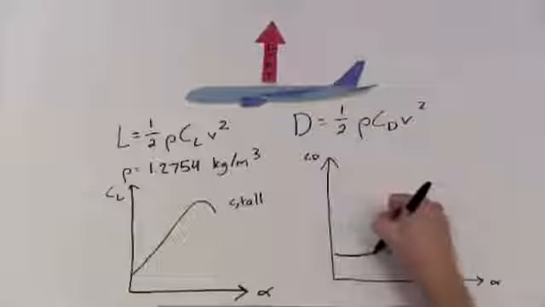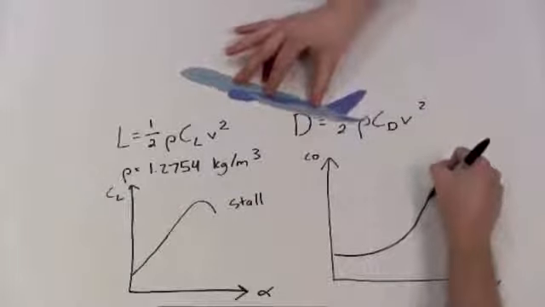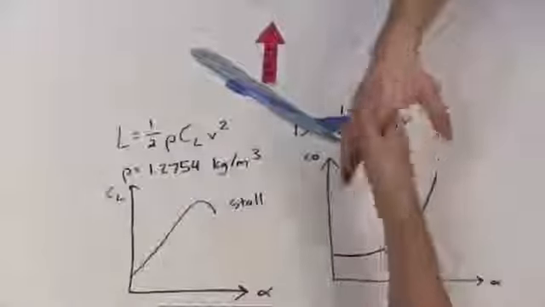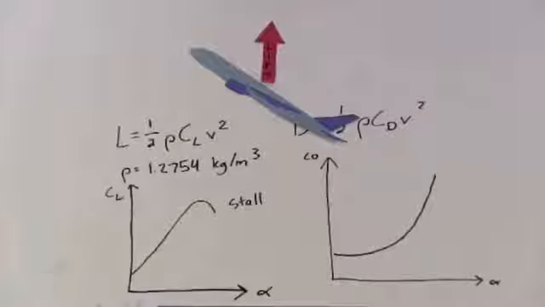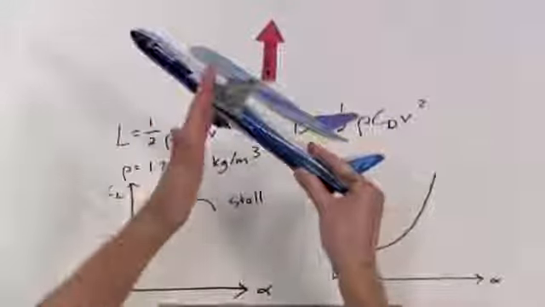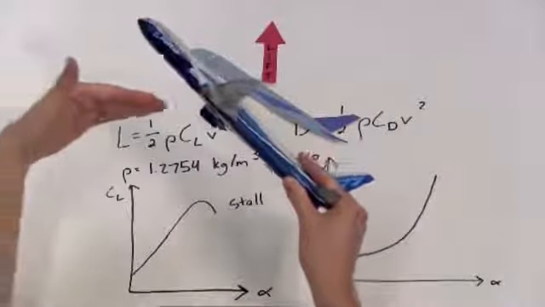So as the angle of attack increases, oh, thank you, the coefficient of drag increases as well. This is because as the aircraft is pitching up, there is more wing area perpendicular to the flow.